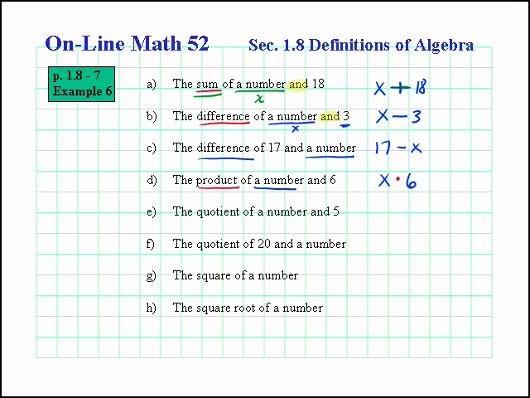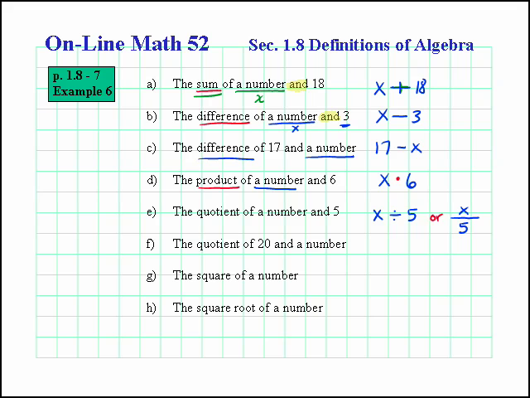Quotient. Quotient means divided by. Now, we can use this division symbol here. We can actually use the fraction bar also if we wanted to. Typically, for this direct translation, we're going to use this division symbol. But both of them actually are legitimate. The quotient of a number, that's x, and 5, is x divided by 5, or x over 5 in a fractional form.